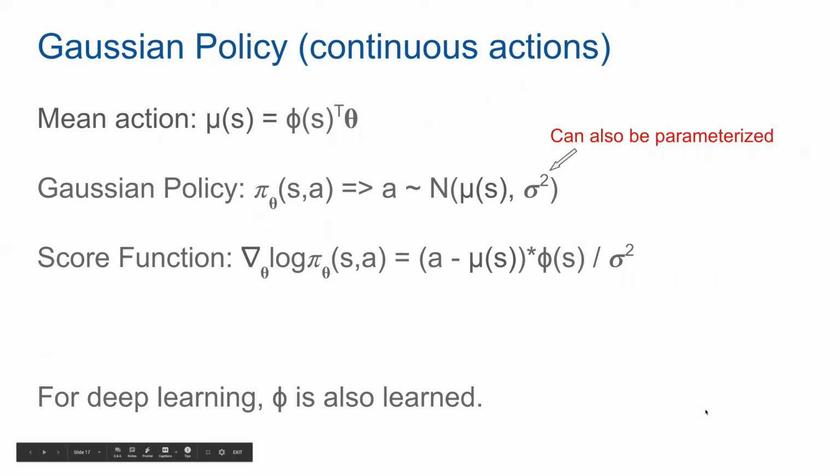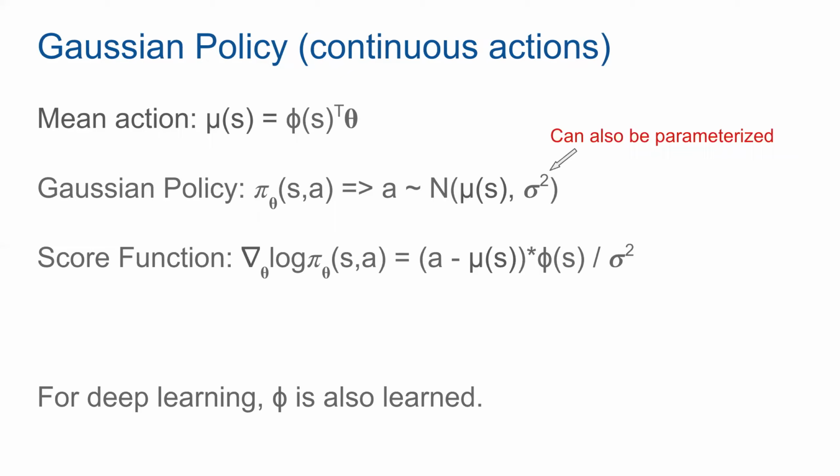Another popular policy class is the Gaussian policy. This is very common for continuous actions. For any given state, we have a so-called mean action. That's the first line. The mean action, or the average action, if you will, is just some feature mapping of the state with a linear inner product with the parameter vector.